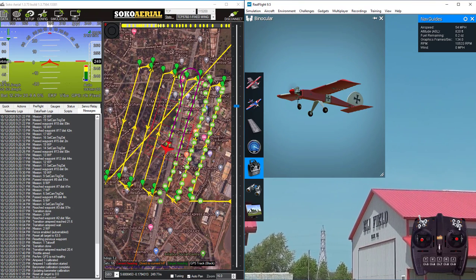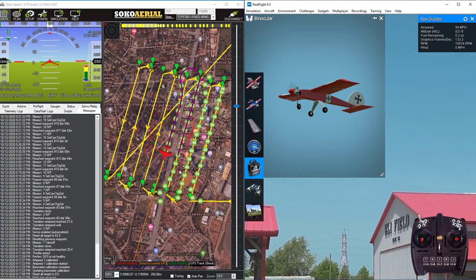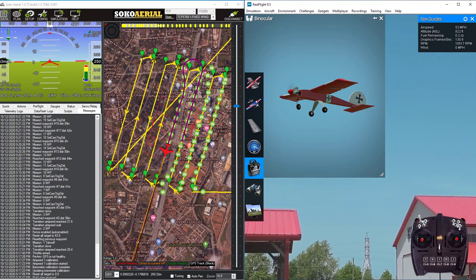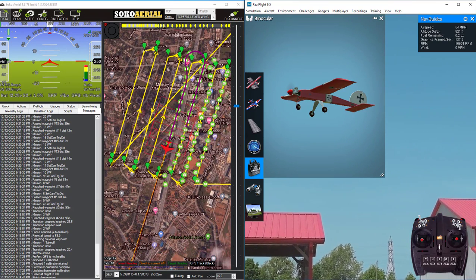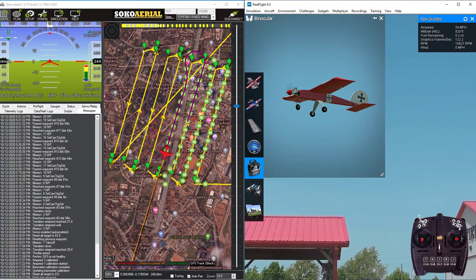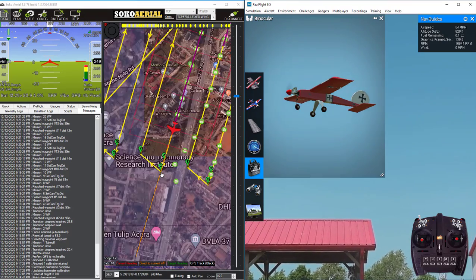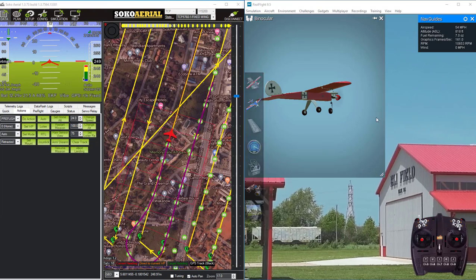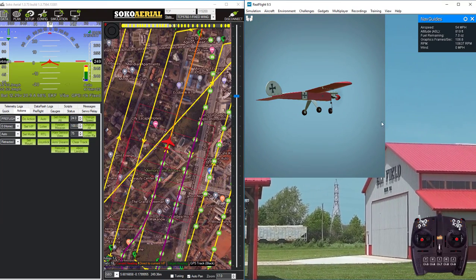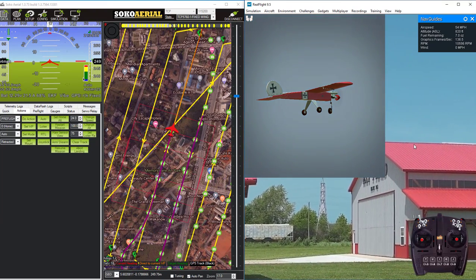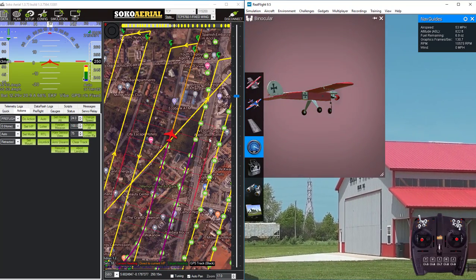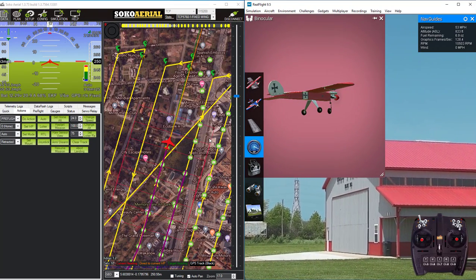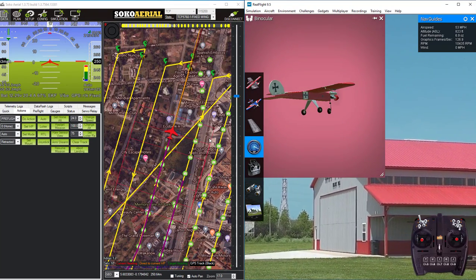So that is the next strip done. It's gonna turn. Okay, so a few lines to go. We have about 68% battery left.